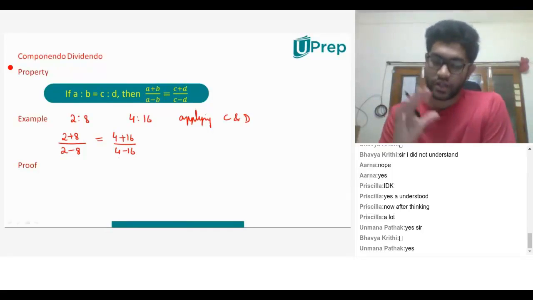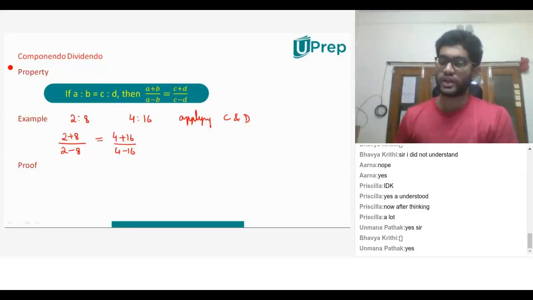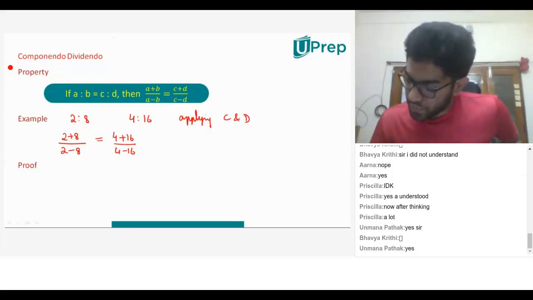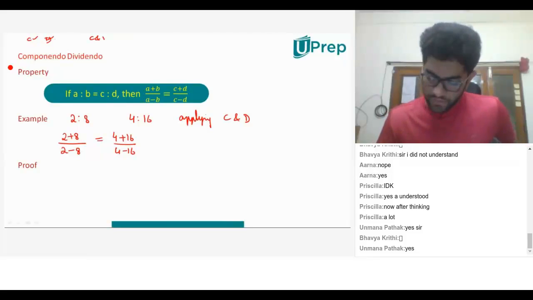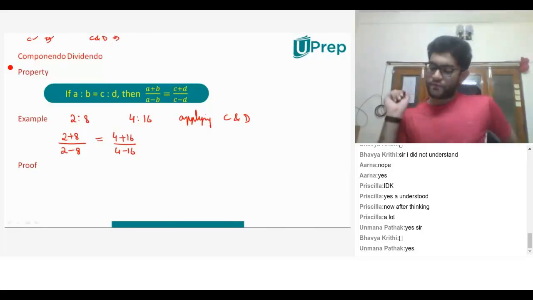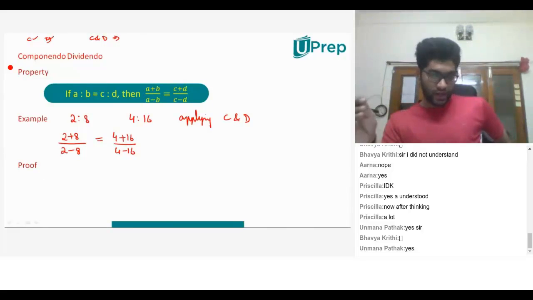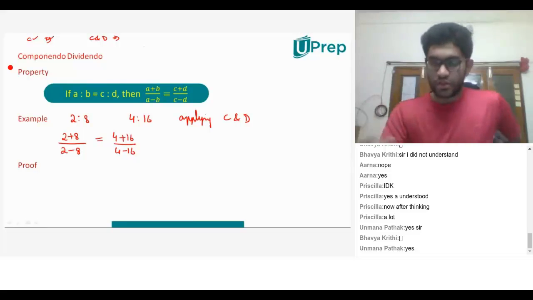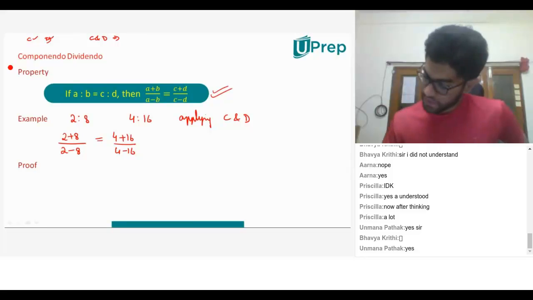Now, let me first divide those two so that you get an idea. We did componendo, we did dividendo. Let's see componendo and dividendo together. For this, I have to write down letters again, but let me do that once. The property is this that you see on the screen. Let me show how I got that.